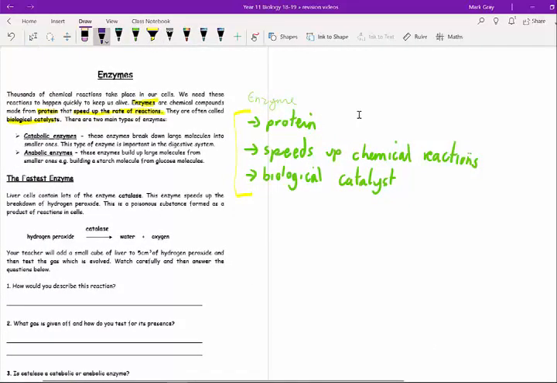Now, we've got two types of enzymes. Ones which can break down large molecules into small ones, and these are known as catabolic enzymes. Or we've got anabolic enzymes, which build up large molecules from small ones.